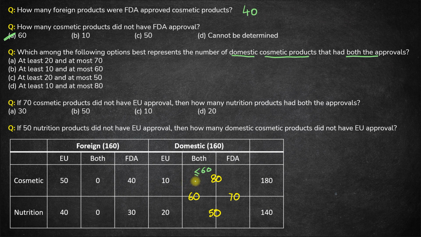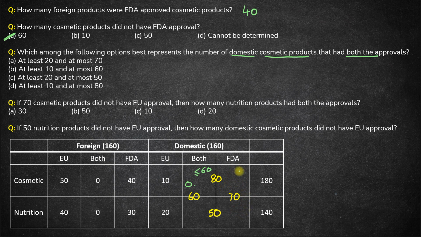And what is the least value of this? Can it be 0? Now if this is 0, sum of these two blocks is 80. Now can this number be 80? If this is 0, this will have to be 80, but then sum of these two blocks has to be 70. And if this block alone is 80, this block will then become negative, which is not possible, right?